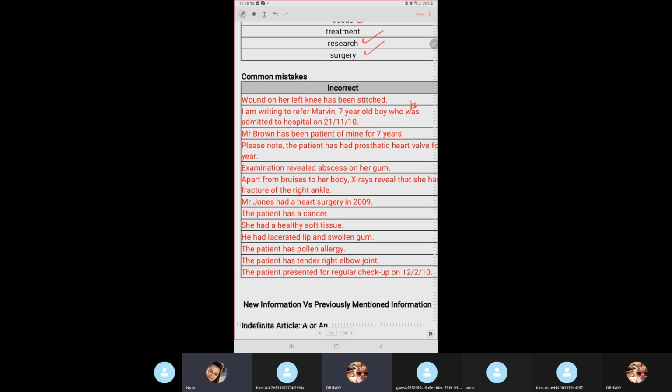And the 7-year-old, after year we have to put a dash. Seven-year-old who is admitted to hospital. Now this is fine. I'm writing to refer Marvin, 7-year-old boy who is admitted to the hospital. Now it's fine. There is still one mistake. Another mistake is to the hospital. Okay, I'll say to the hospital. Still there is a mistake.